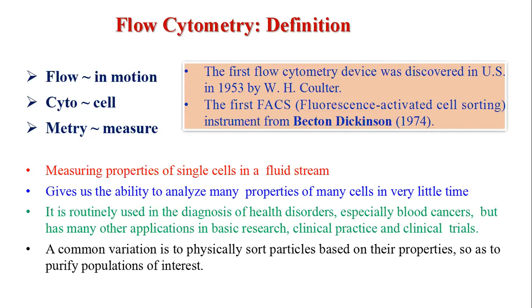So the development of this instrument is mostly for application in cell biology and cancer biology. We need this instrument because in microscopy, if we have selected a particular field, that field can have different types of cells.